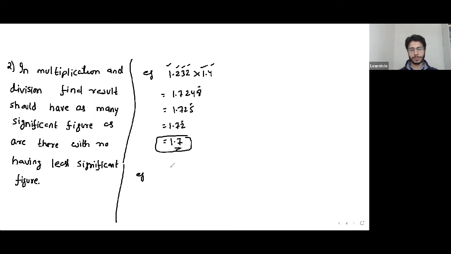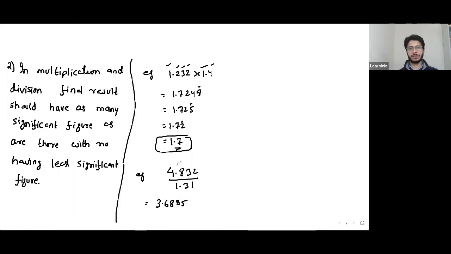Let's do one more case. This is 4.832 over 1.31. If I'm dividing it, I'm again using my calculator for the division. 4.832 divided by 1.31 comes out to be 3.6885.